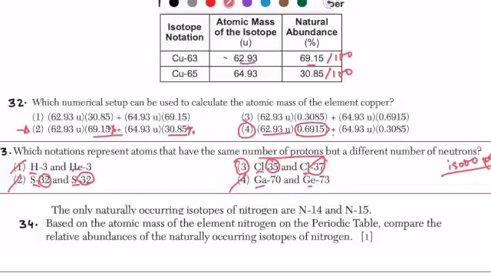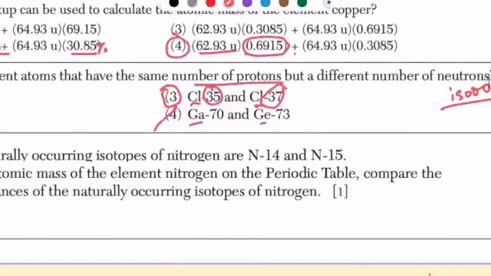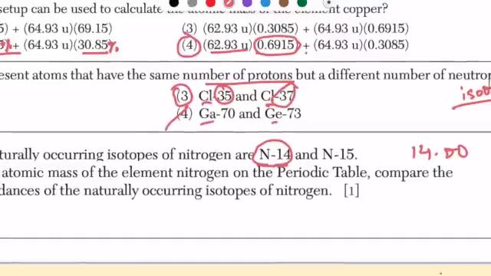Okay, if you look at the mass of nitrogen, we have about 14.00 something, so that can be rounded to 14. Because that number is closer to the mass of 14, we can say that this isotope is more abundant. So to answer this question, you'll say that nitrogen 14 is more abundant because the atomic mass on the periodic table is closer to 14.